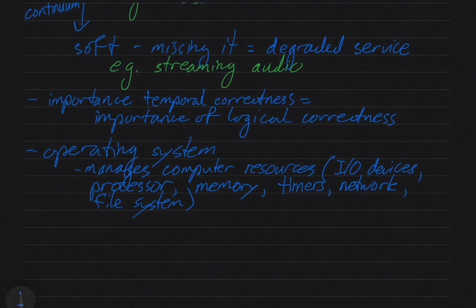Okay, and so an operating system really consists of the kernel, which does all this managing that I've just talked about, and then has a bunch of utilities built around it, like your windowing system, and shells, like a terminal that you can type stuff into, and all that kind of stuff. So together, that's your operating system.